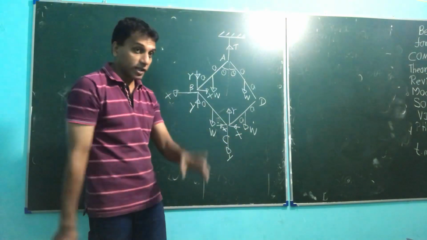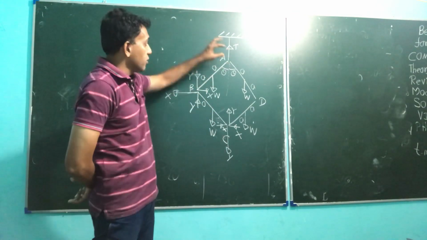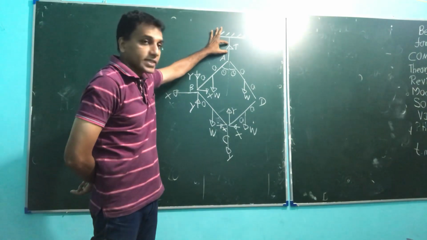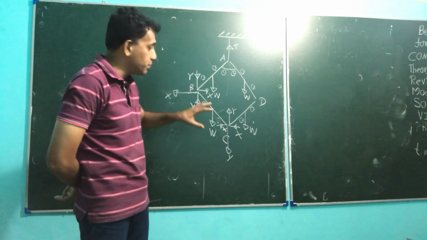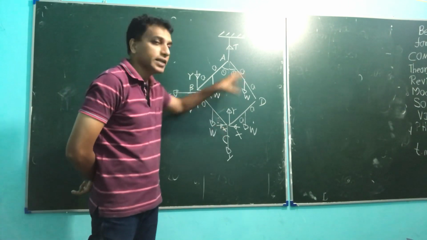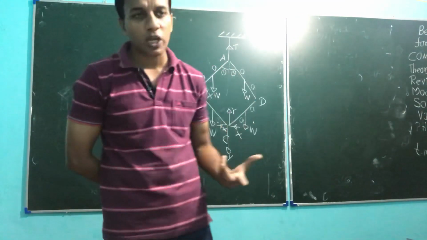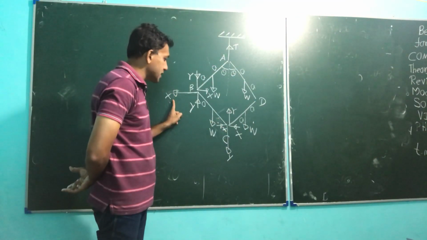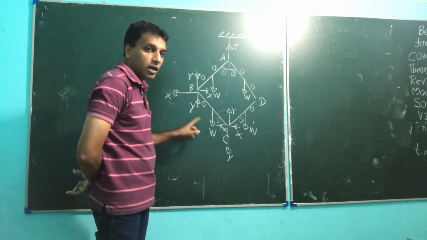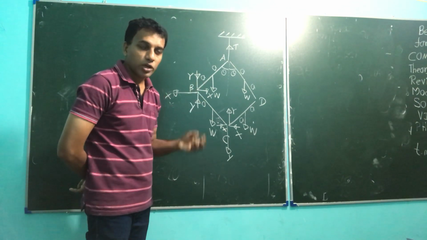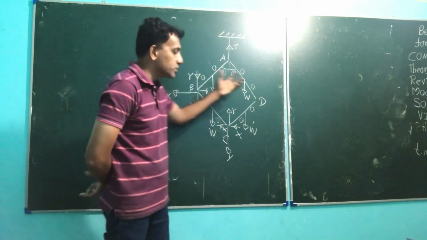Now what does the question ask? The very first value asked is the forces, reactions at B, C, D. What do you mean by resultant force or reaction? You find the X and find the Y and take the square root of X squared plus Y squared. The same goes for D also.